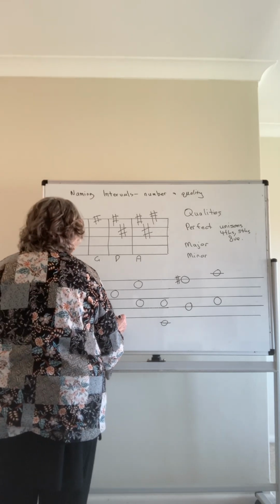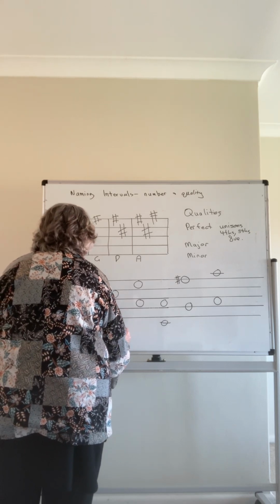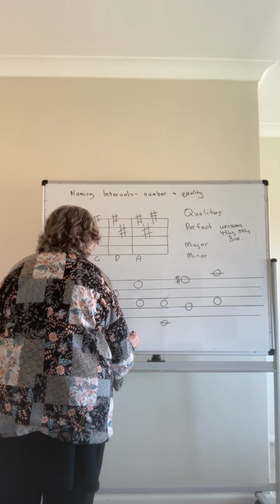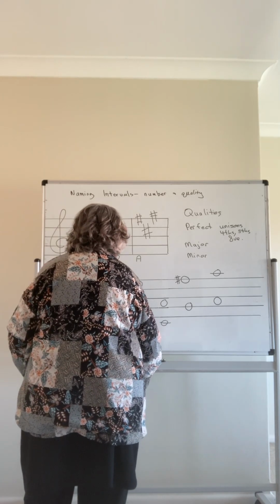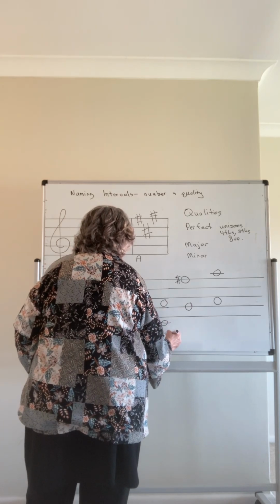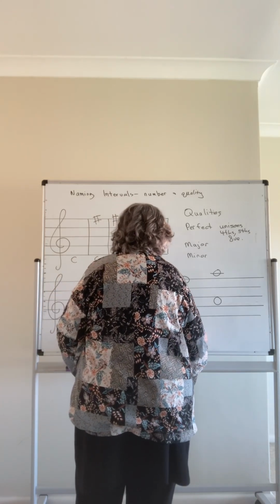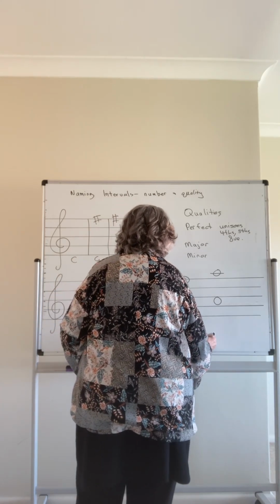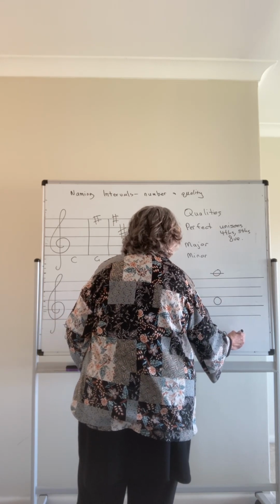Let's go this one, D, E, F, G, A, B, C is going to be a 7th. A to E is a 5th. C to A is a 6th. G to F is a 7th. And A to A is an octave.